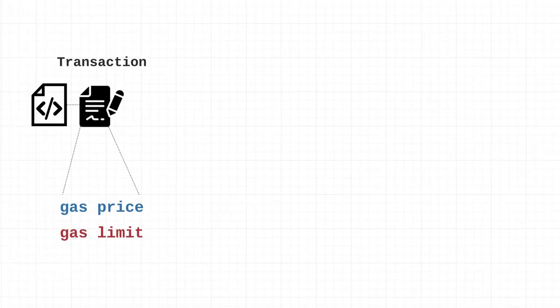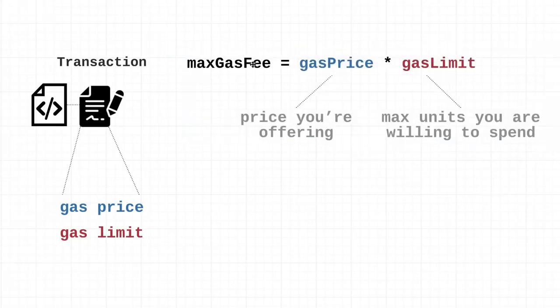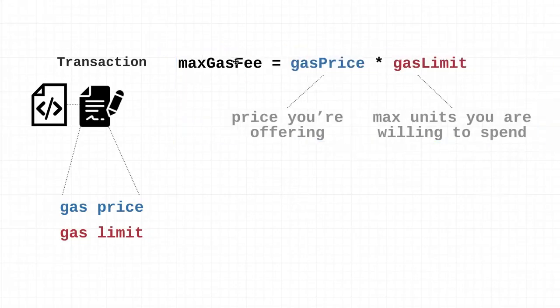Now, there's another thing I want to point out, and this is something that may confuse you if you're looking at examples of calculating this online. There was something called the London upgrade in the Ethereum network, and as part of this upgrade, it actually changed the way that these gas fees are calculated.